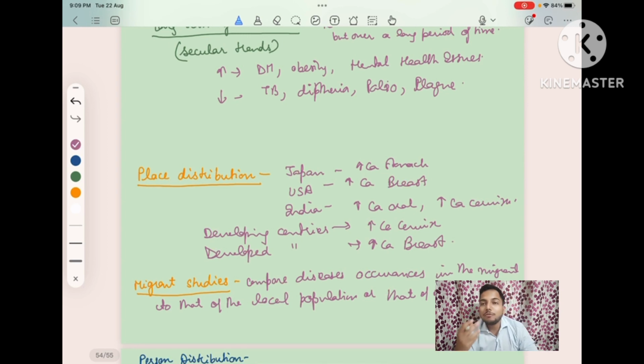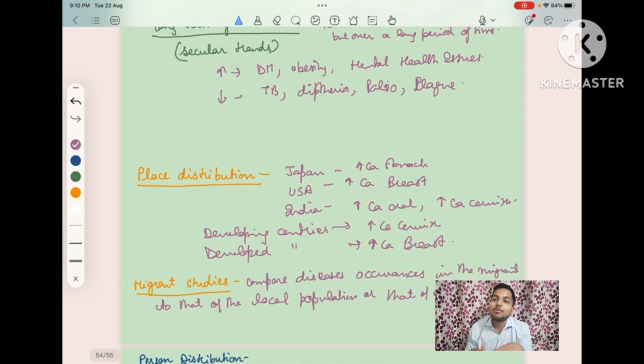When we have to test the genetic basis of a particular disease, like we say that cancer stomach is very common in Japan, to know whether it is due to a genetic factor or due to environmental factors, we compare the occurrence of this disease in the migrant population, those people who have migrated there, and those who are already living there.